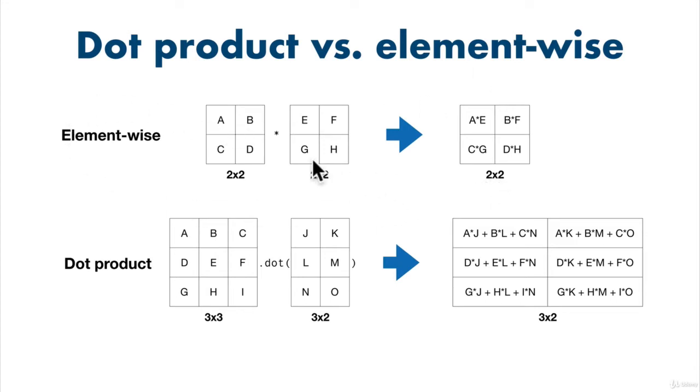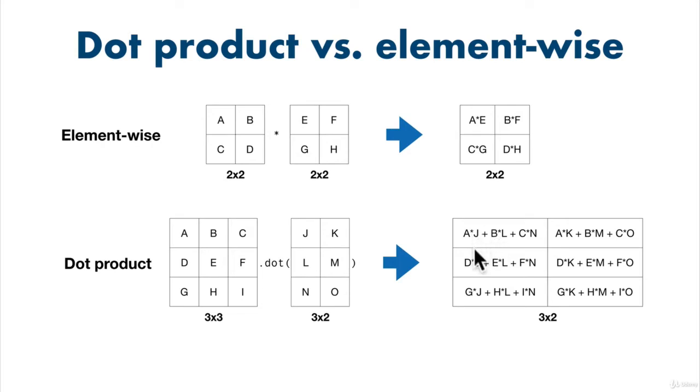It's relatively simple. We've got A times E goes into this top left square. A times F. Oh no, sorry. B times F. I just said it's simple and here I am messing it up. B times F. But if we kept going through that, we'd eventually end up with this matrix. But the dot product is a little bit different. Now, we've got, say, a 3 by 3 matrix here, a 3 by 2 matrix here, and we're calling dot on this one with this one.